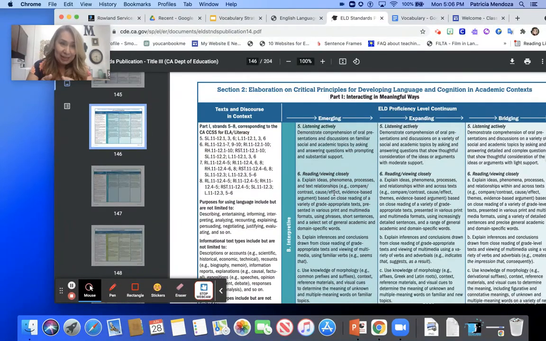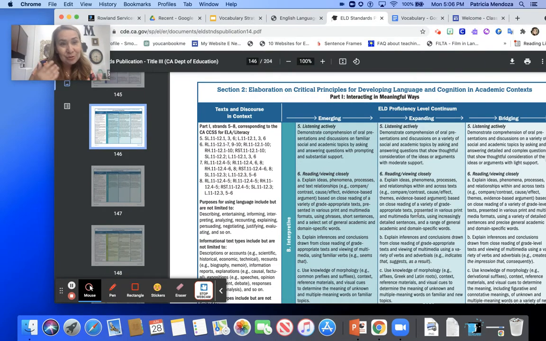Specifically, this one here in our ELD standards where it says reading, viewing closely. This standard is saying, hey, we want students to explain ideas, phenomena, and processes and relationships within and across text. That's what we want in all our content classes. We want our students to be able to compare, contrast different themes.